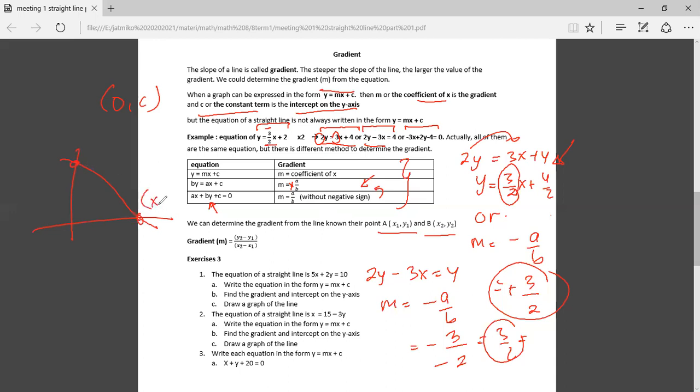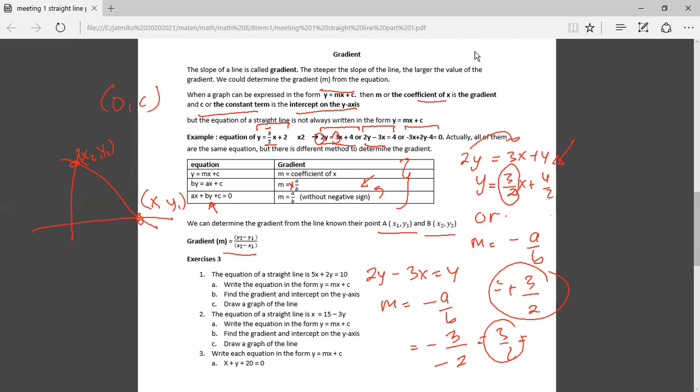So let's say here we use x1, y1, and then here the second x2, y2. Then we will use this formula. m is y2 minus y1 divided by x2 minus x1. Just substitute the x and y, and then we will find the gradient.